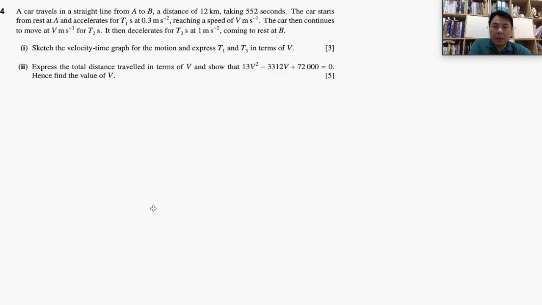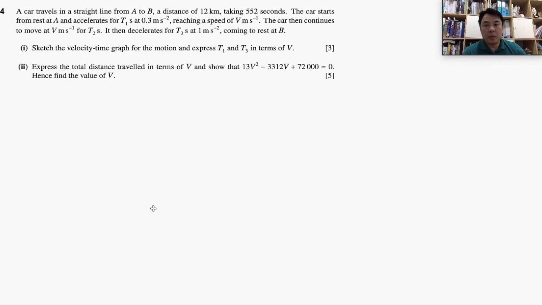The car then continues to move at v meter per second for another duration of t2. It then decelerates for t3 seconds at 1 meter per second squared, coming to rest at B. So in this case, we want to sketch how the velocity-time graph would look like that can represent the motion of this car.